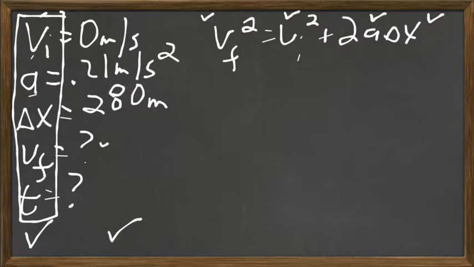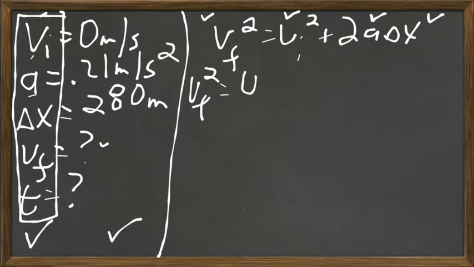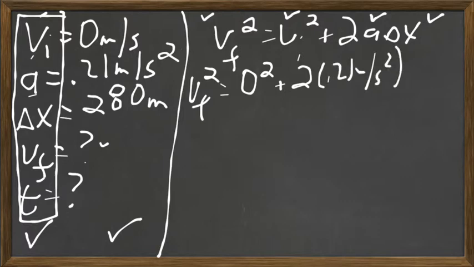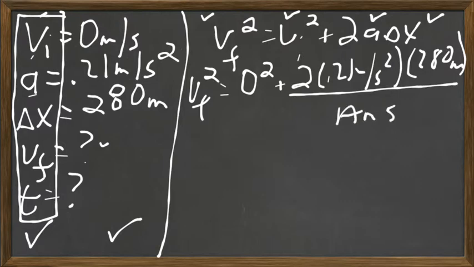Vf squared is 0 meter per second squared, so that's nice and easy, plus 2 times our 0.21 meter per second squared times 280 meters. Now I can't forget that when I multiply these three together and I get an answer, that answer equals final velocity squared.